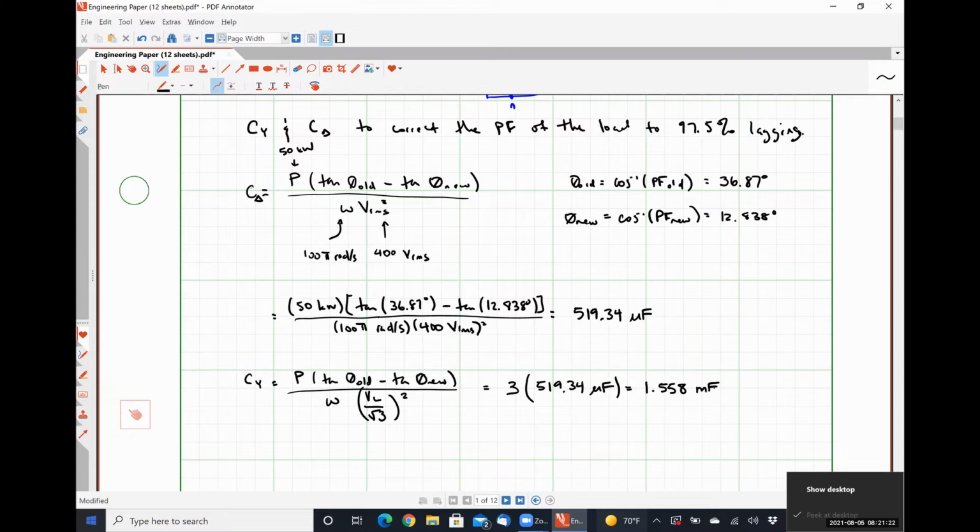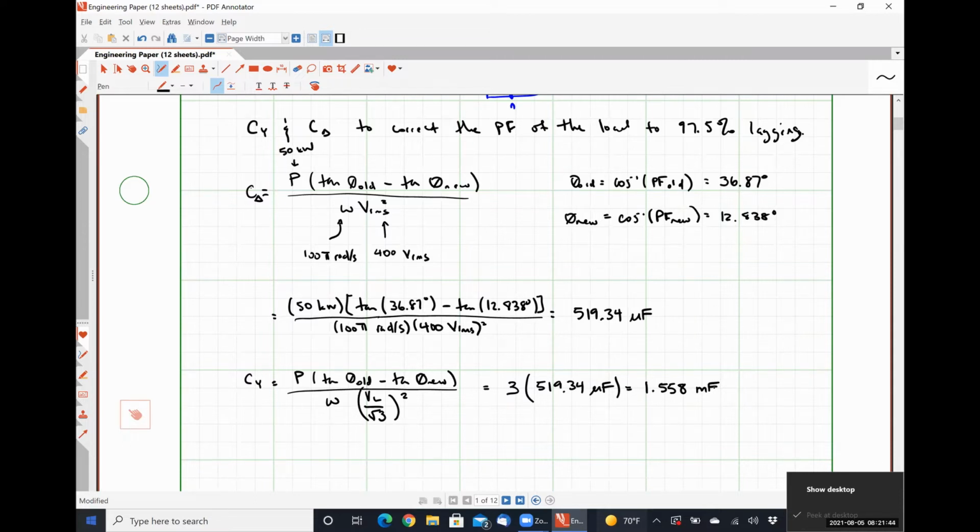It's negative j over omega C, so it's inversely related to the capacitor value. So to go from a delta-connected capacitor to a Y-connected capacitor, we multiply by 3 because of the inverse relationship with the capacitors.